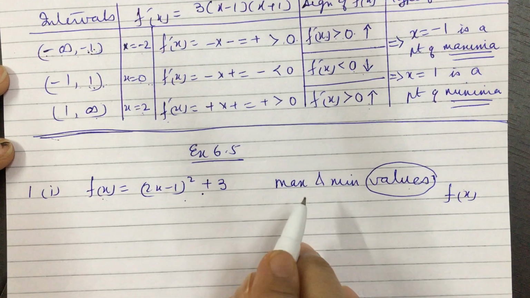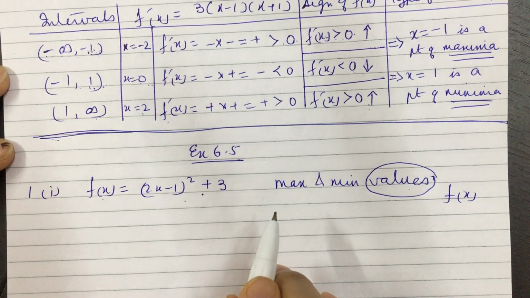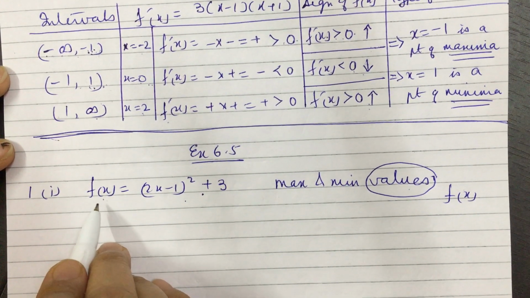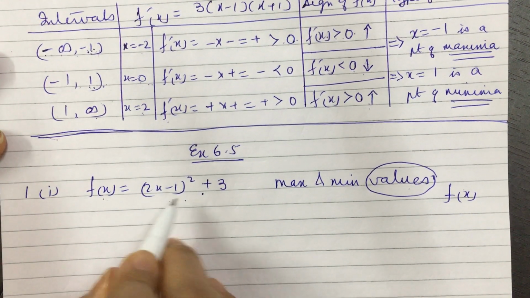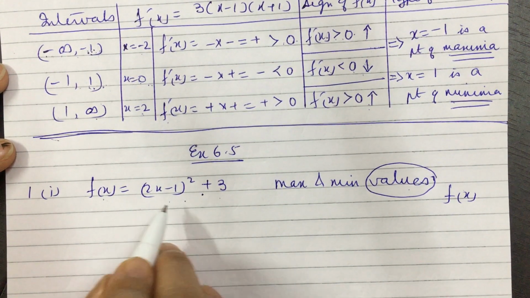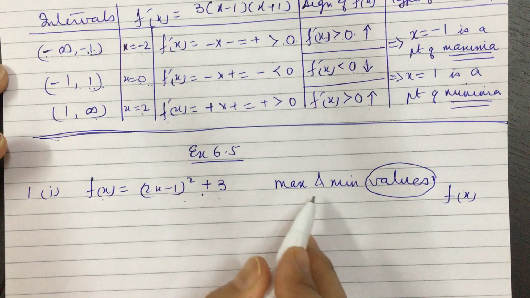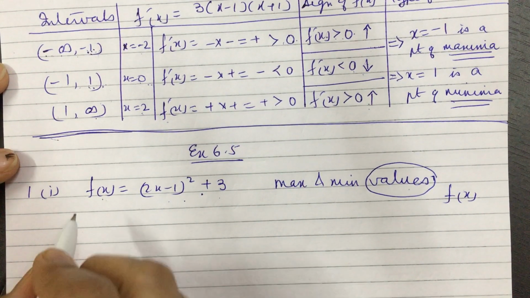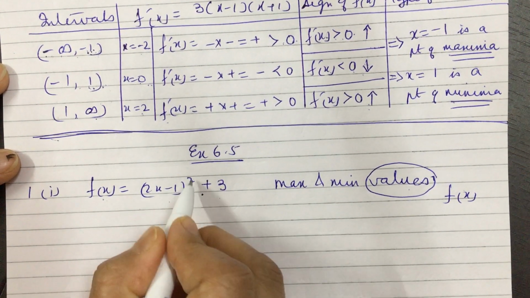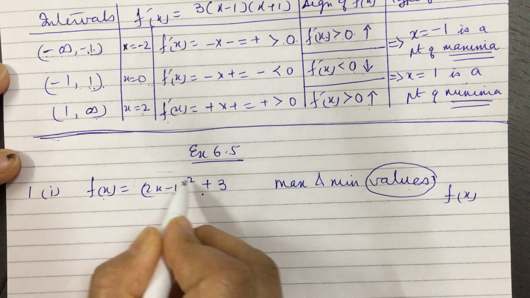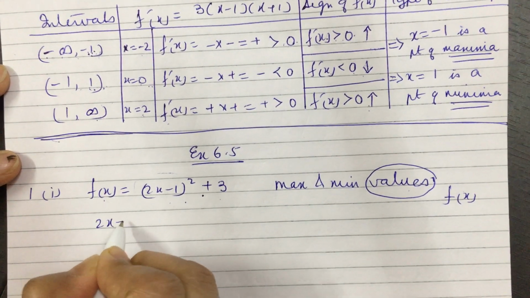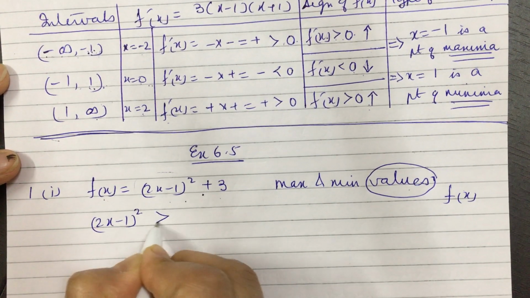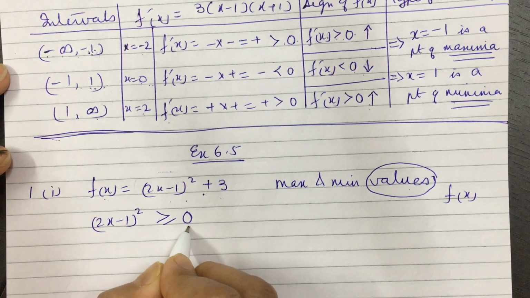So first of all, we will find the point at which the function will be maximum or minimum, and then we find the maximum or minimum values. We know that this is a perfect square. So (2x minus 1) whole square is always greater than or equal to 0.